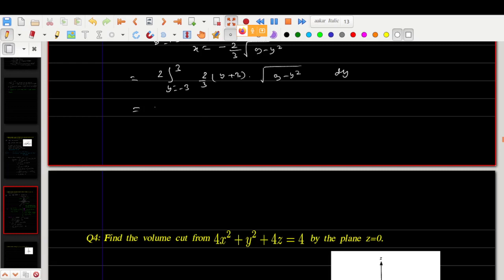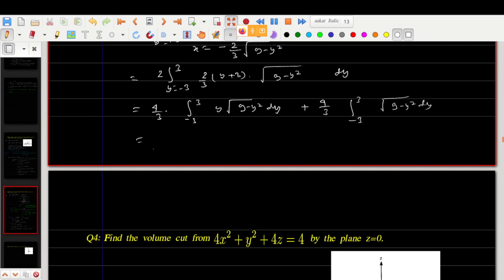This turns out to be 4 by 3 integral from minus 3 to 3 of y root over 9 minus y square dy plus 4 by 3 integral from minus 3 to 3 of root over 9 minus y square dy.